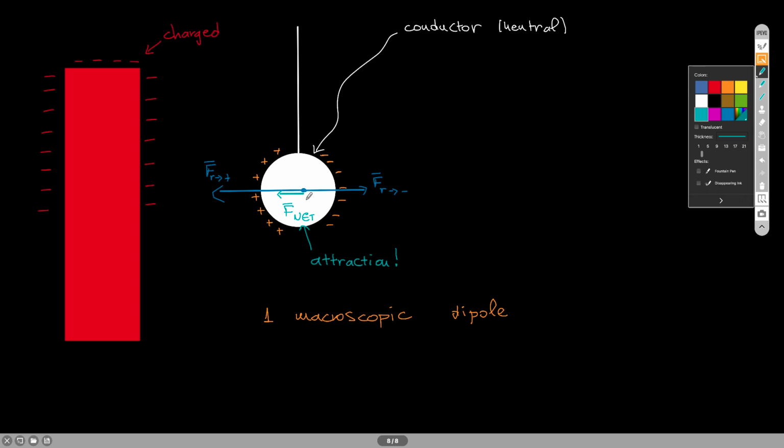If I ask you, is this sphere charged or not? You don't know, because even if it is not charged, it will still be attracted to the rod. So you cannot use attraction as an experimental result in order to decide whether an object is charged or not, because attraction happens even when an object is neutral.